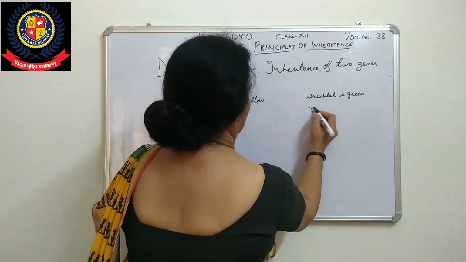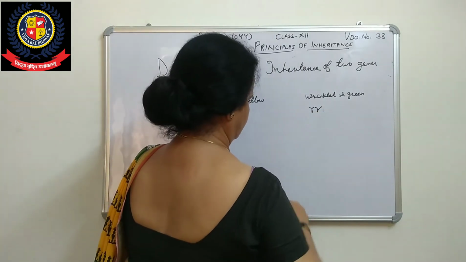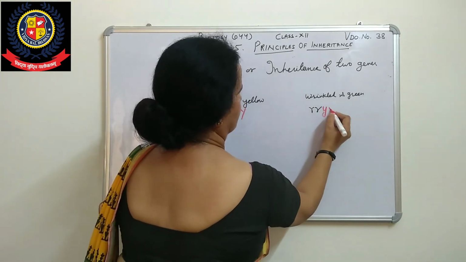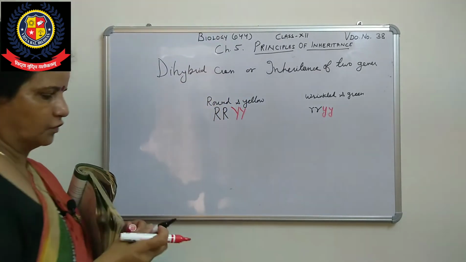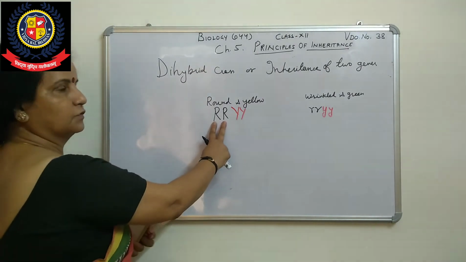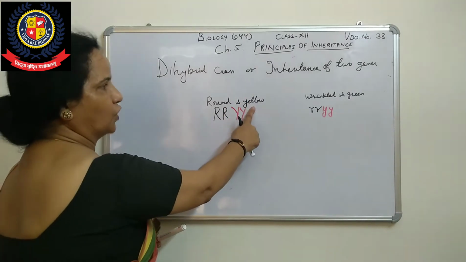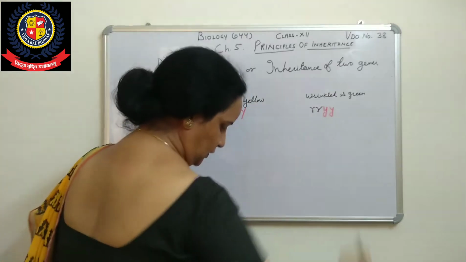We will write here r, and the color we are showing like this. So see that here: a capital letter represents the dominant trait, meaning this round and yellow are dominant, and this wrinkled and green are recessive.